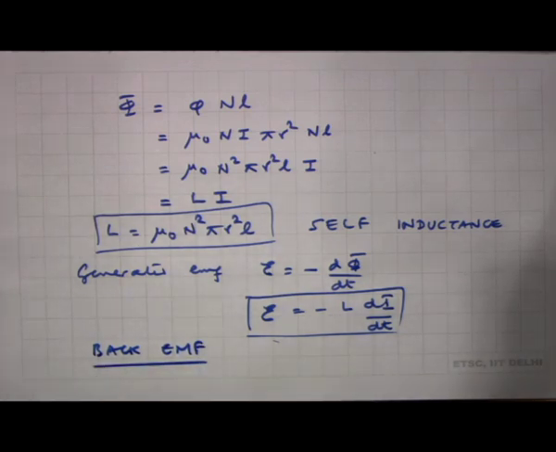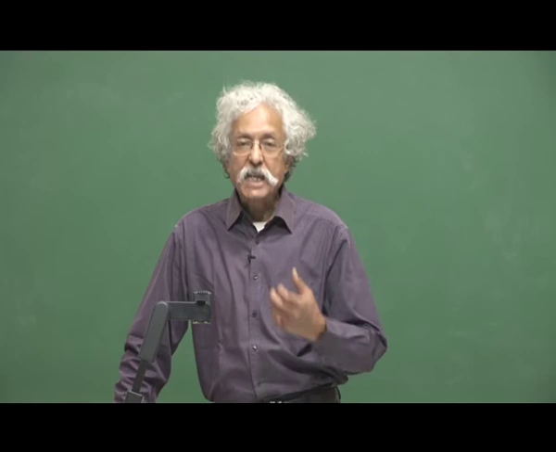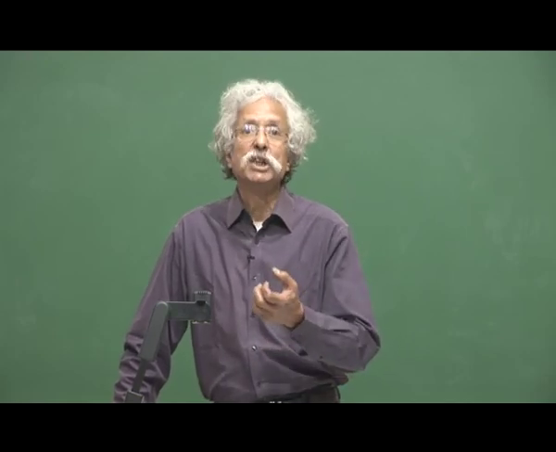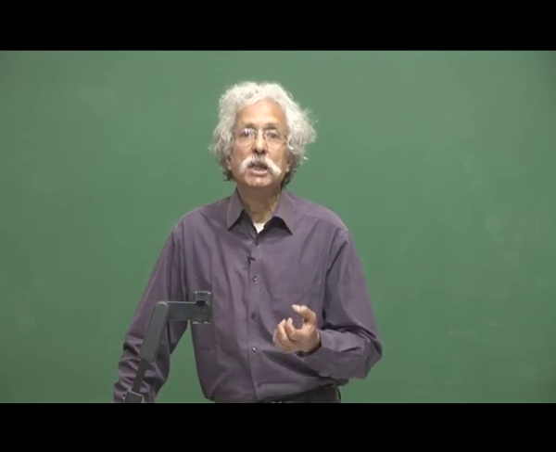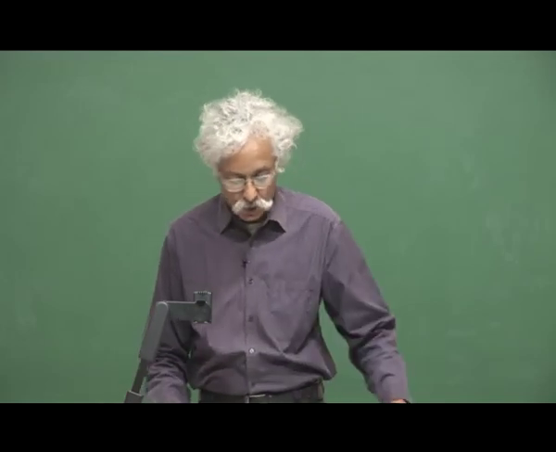If you are trying to change the current in a circuit, that will induce a back EMF in the circuit, and that back EMF will generate a current in such a direction that it will oppose this change and not allow it to take place. This is a very important part of circuits, and this is called inductance.